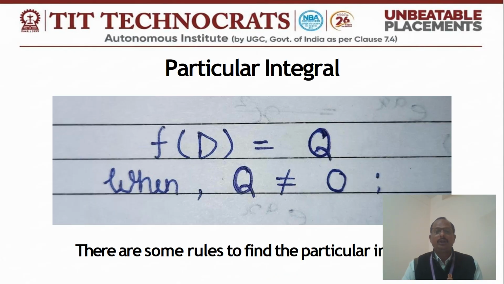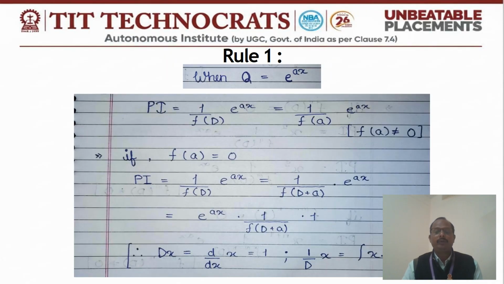Now the particular integral, f of D y equal to Q, when Q is not equal to 0. When Q equals e to the power ax, this is a special case of exponential. In this case you have to put the value of a, a meaning the coefficient of x in the exponent of e. You have to put that value in place of D, and check that f of a should not be 0.